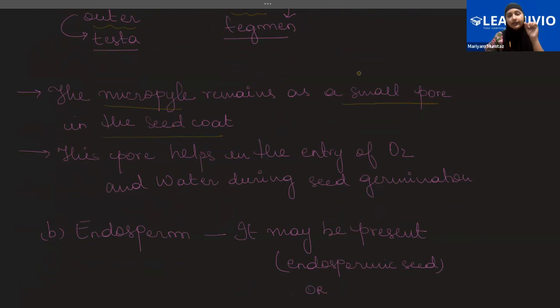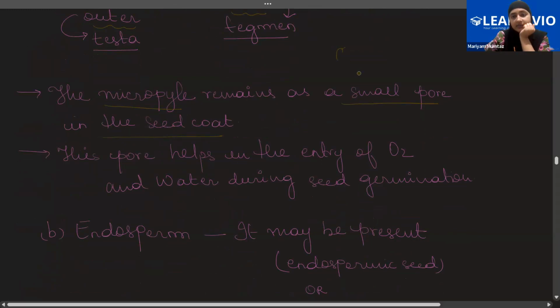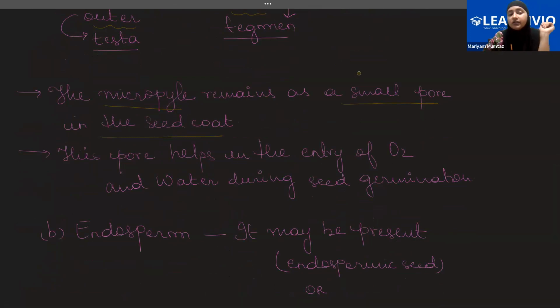If you see right below, for example, if this is the seed, right below there is a pore-like structure, and that pore is actually the micropyle that is still present. Now, this pore helps in the entry of oxygen and water during seed germination, so that gaseous exchange and the availability of water is maintained with the help of this pore.